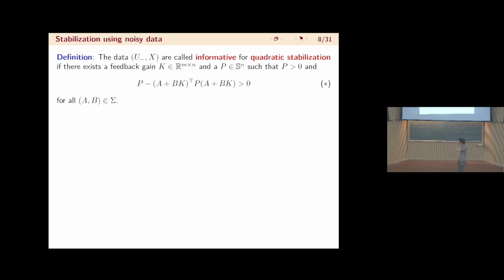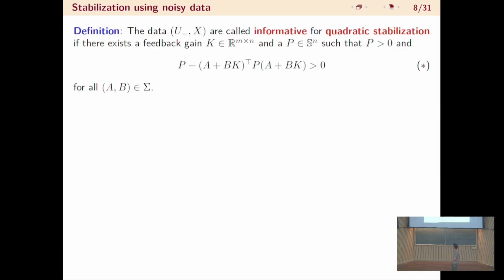Now, this is the most important definition in the whole presentation. So I want to formalize what it means to find a stabilizing controller for all these systems consistent with the data. So I introduce the following notion of informative data.